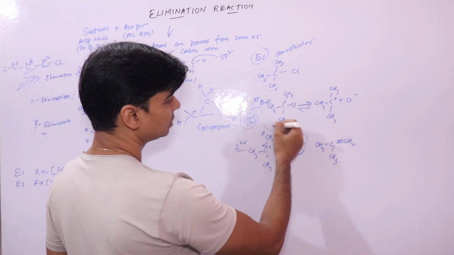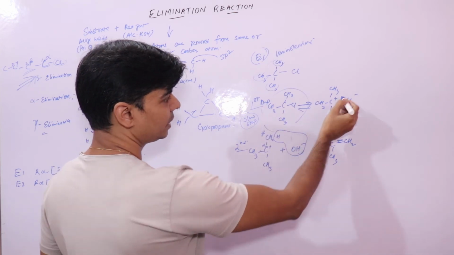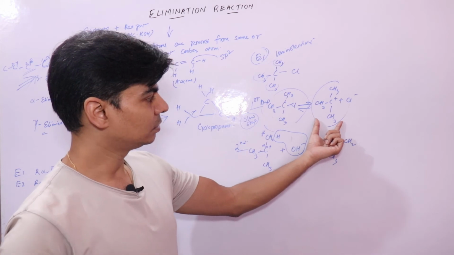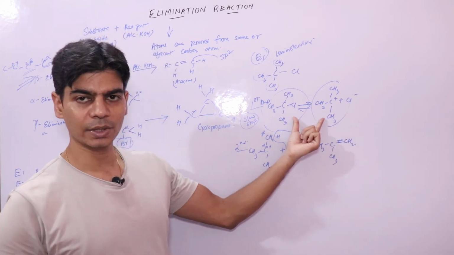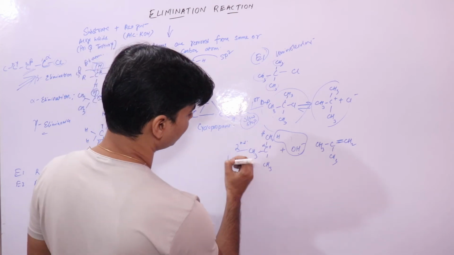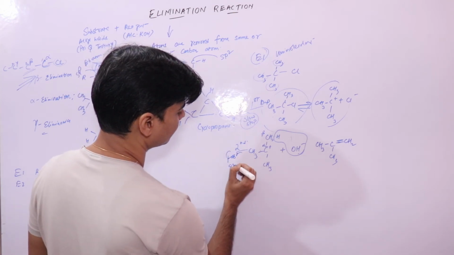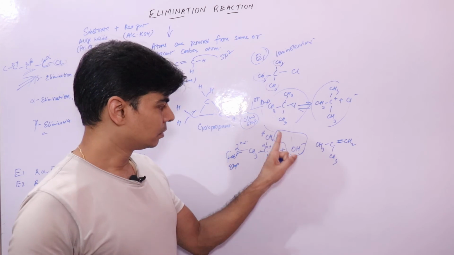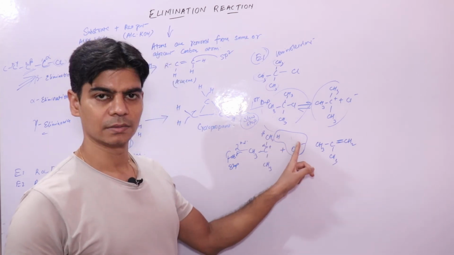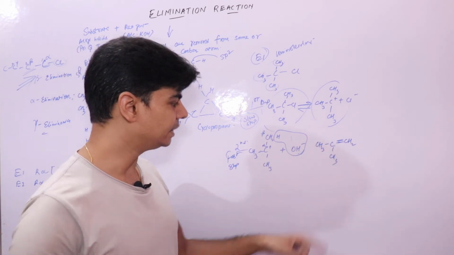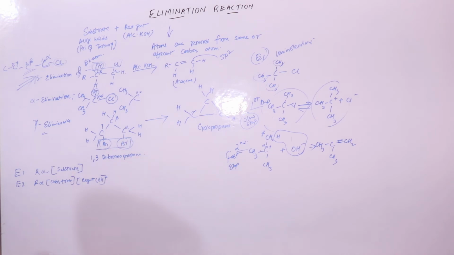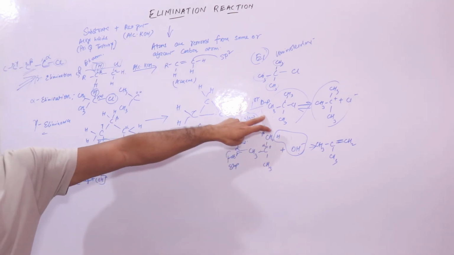First step is the ionization of alkyl halide, where it will form a carbocation. Now this ionization step is a slow step. Second step, I said, is a fast step, where a beta hydrogen would be abstracted by the reagent OH to form this alkene. And this is a fast step and this is a slow step.